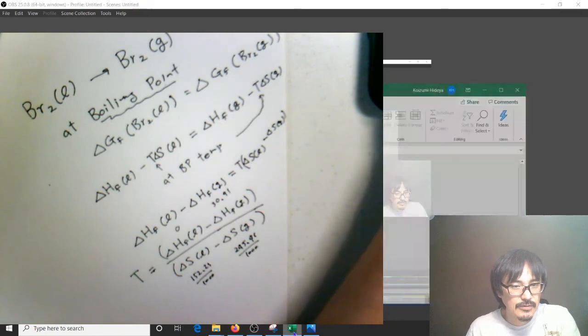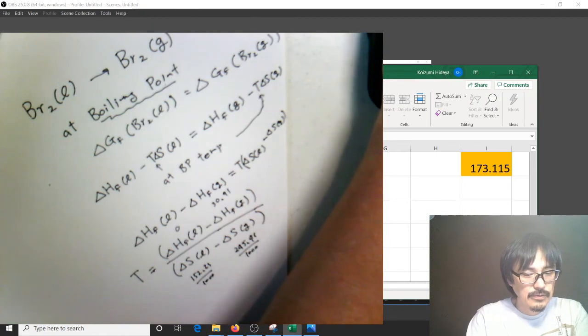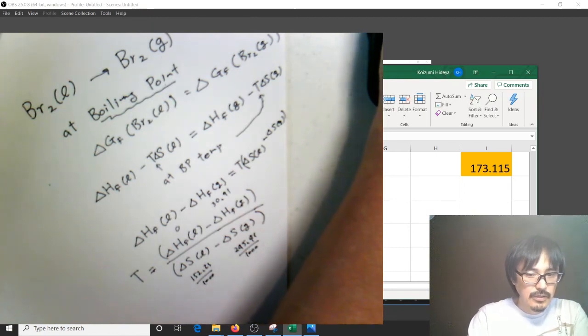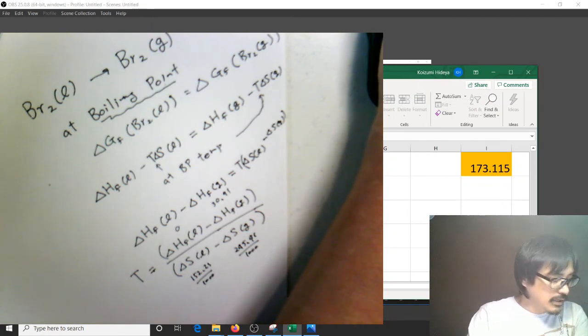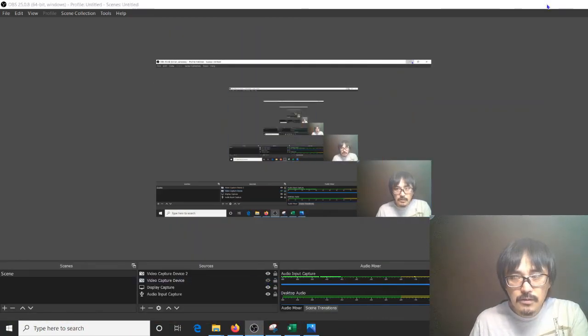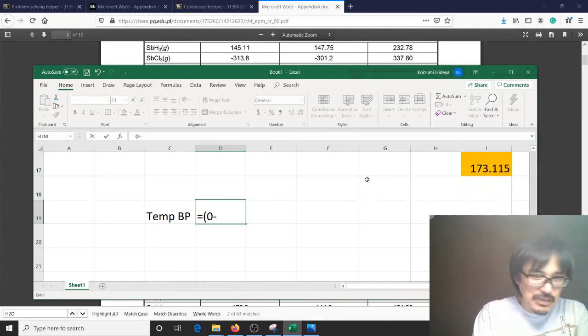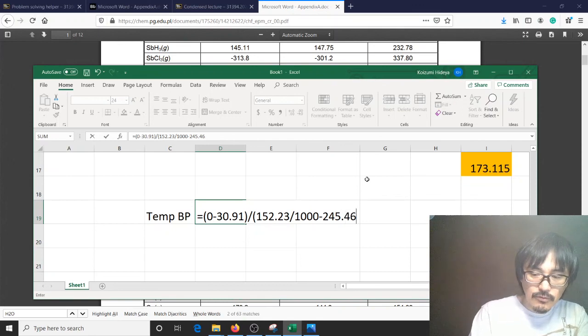So let's calculate using Excel. What is the T at the boiling point, temp BP, equal to? 0 minus 0, divided by 0 minus 30.91, divided by 152.23 divided by 1000 minus 245.46 divided by 1000.